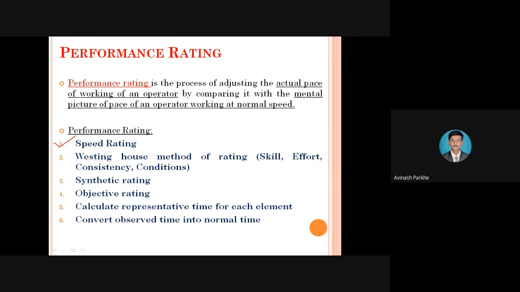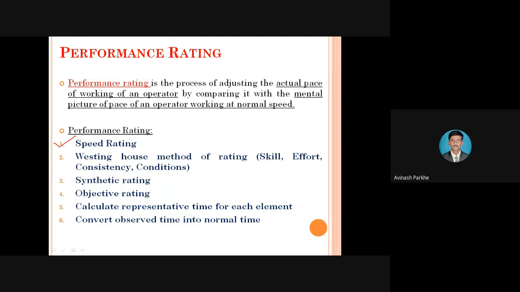Whatever number of activities he is performing, he is using his hands, maybe left hand and right hand, to perform the operations. During that working, what is the speed of those hands? Whatever movement is taking place while performing the work, that speed of movement will be considered in the case of speed rating.